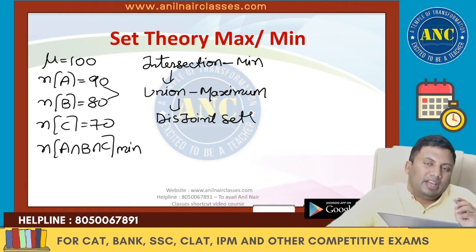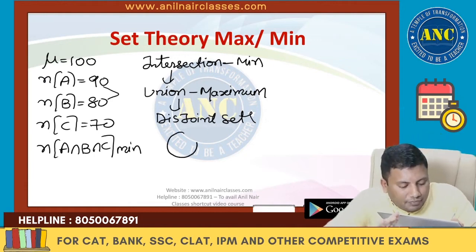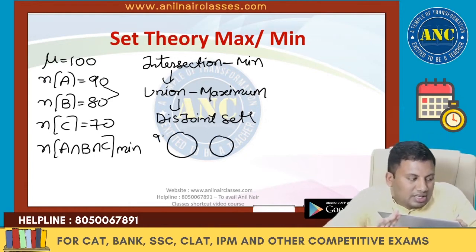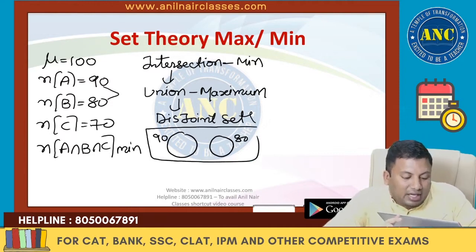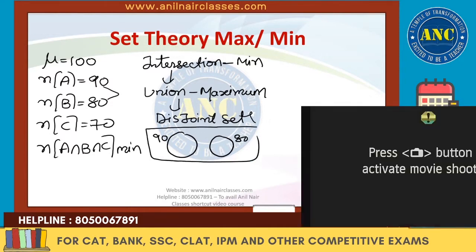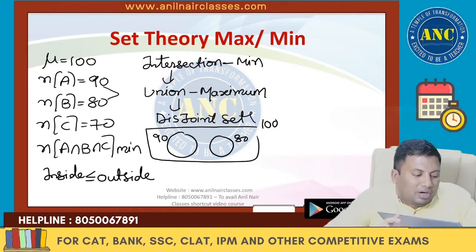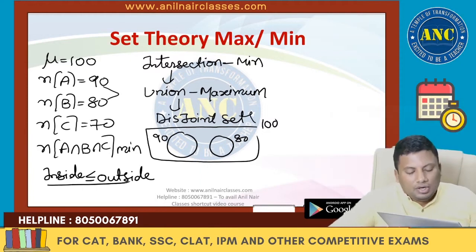90 and 80, if I separate, how much is it? 170. But there are only 100 students. The inside value is always less than or equivalent to the outside.